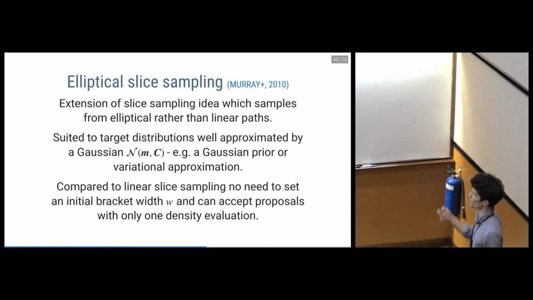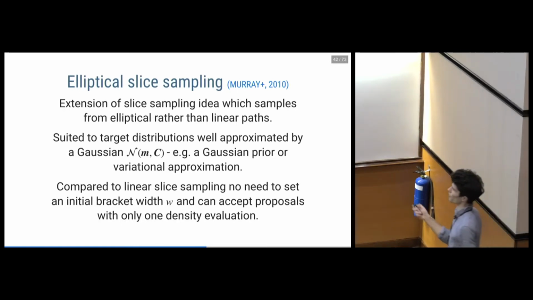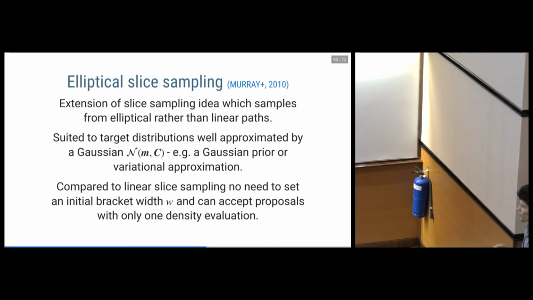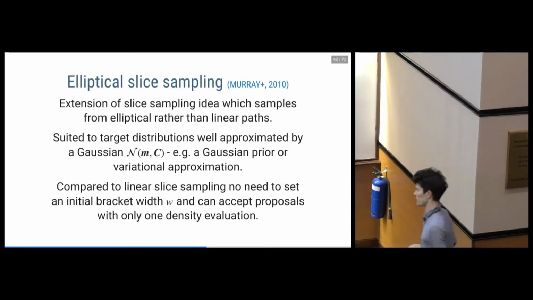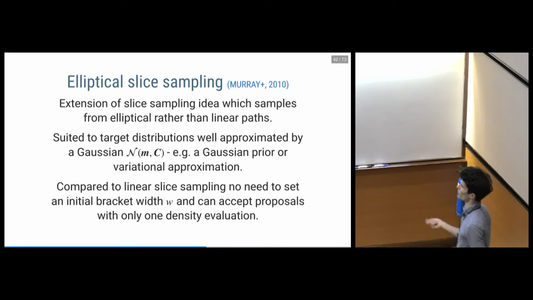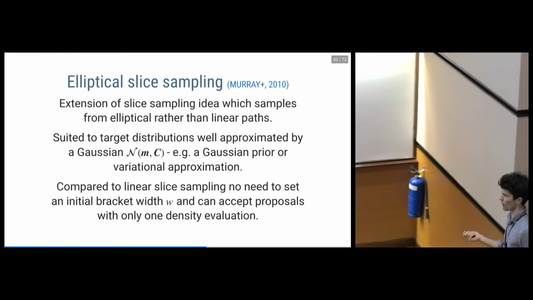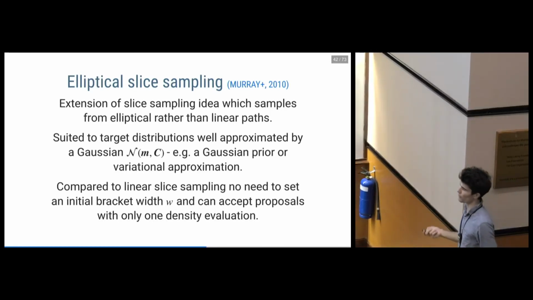So it will perform very similar to doing an independence proposal, while still having the ability to back off in this recursive fashion to more conservative proposals if that initial independent or near to independent proposal is untenable in terms of being off the slice.